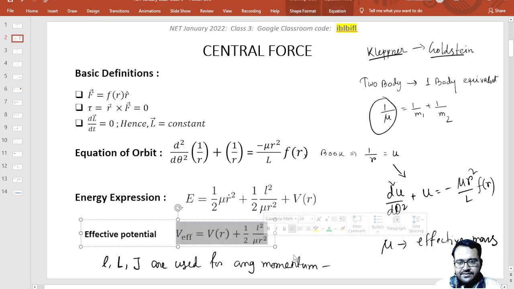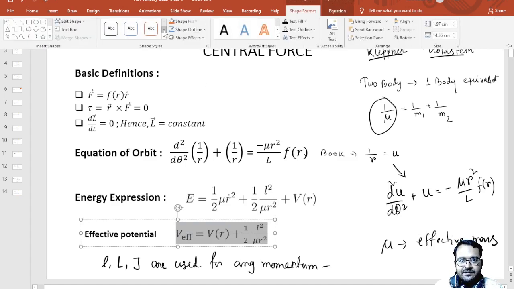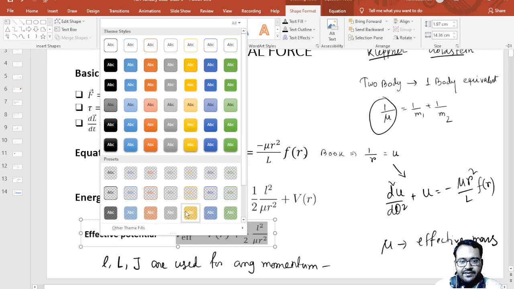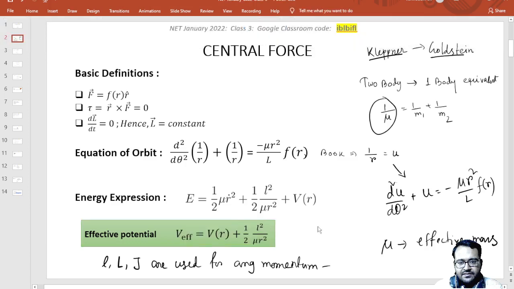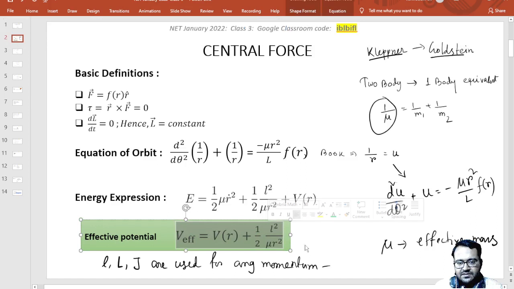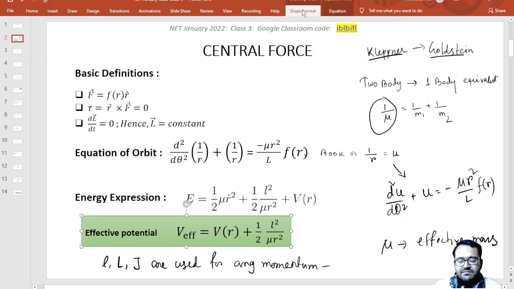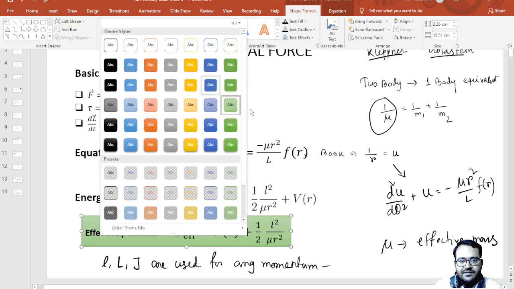This is called the effective potential. So I will highlight it in some way. Okay, so this is the effective potential.